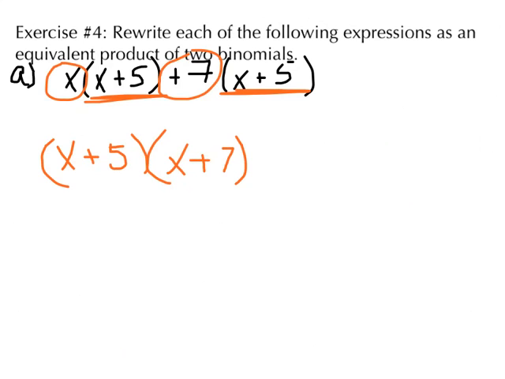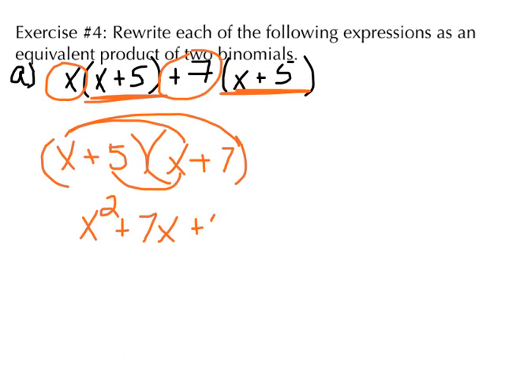Now if you want to continue to go ahead and multiply it out, it's x times x, x squared, x times 7, positive 7x, inside 5 times x, outside, or last ones are is positive 35. And now you can use your box method double distribution like it was already set up.